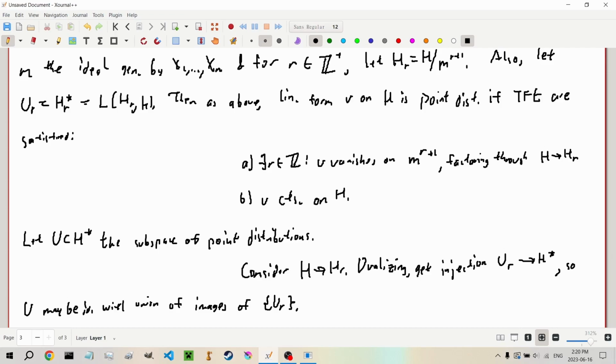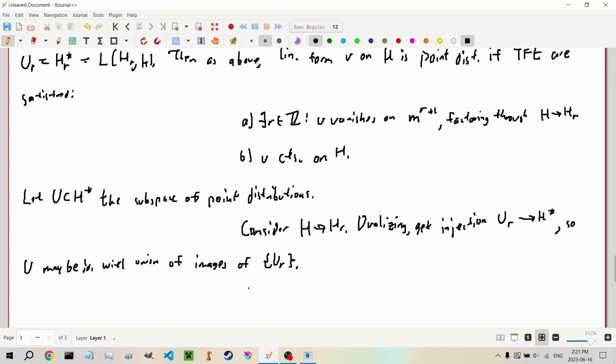Now we're going to look more closely at the K-module structure of H and U. So, by definition, H is the product over alpha of K times X to the alpha.